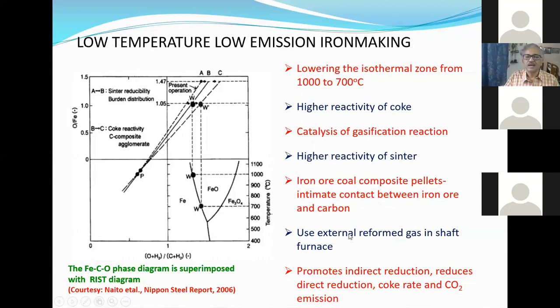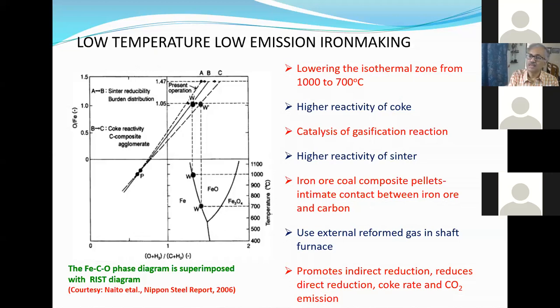There is a lot of literature that suggests this. And use of nut coke also can reduce the isothermal zone temperature because the carbon reactivity increases. Then use of external reform gas in the shaft furnace. Most of the reform gas contains hydrogen, because if it's natural gas, you reform, hydrogen is there, and hydrogen is a better reductant than carbon monoxide.